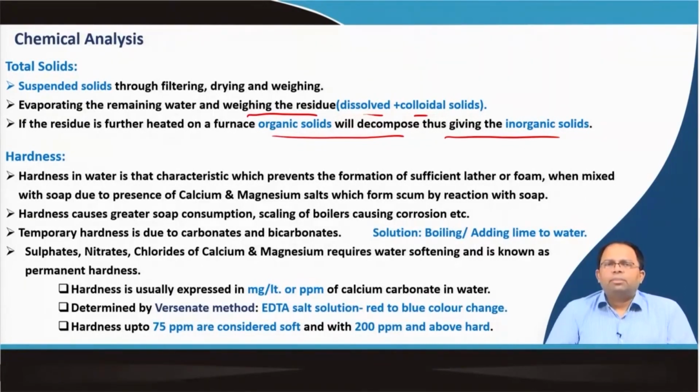Hardness levels up to 75 ppm are considered soft, and when it is more than 75 ppm, up to 200 ppm and above, then we consider it as hard.